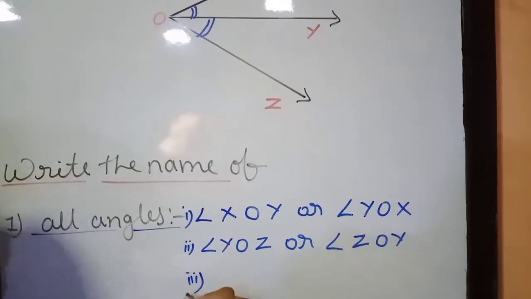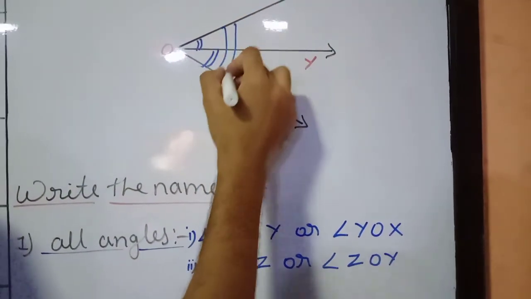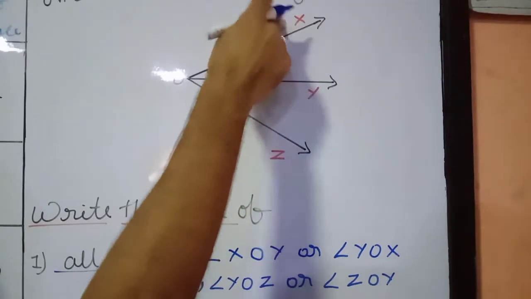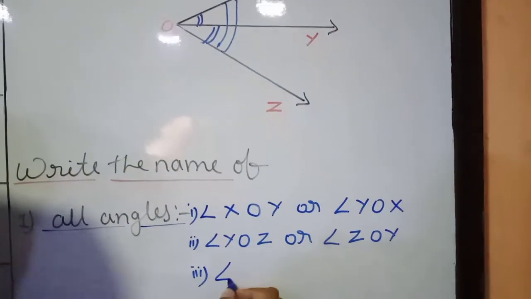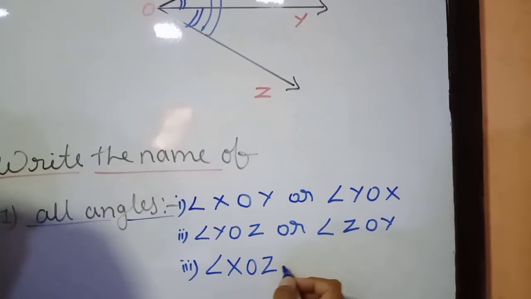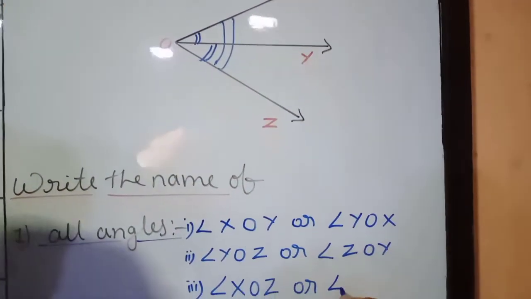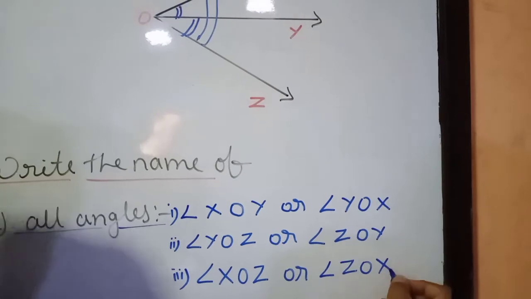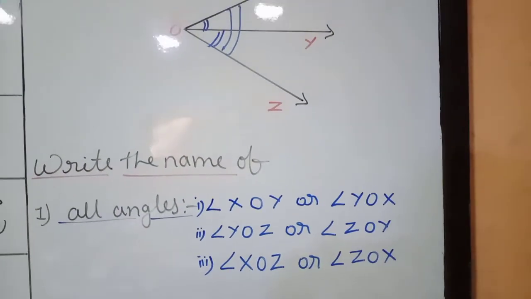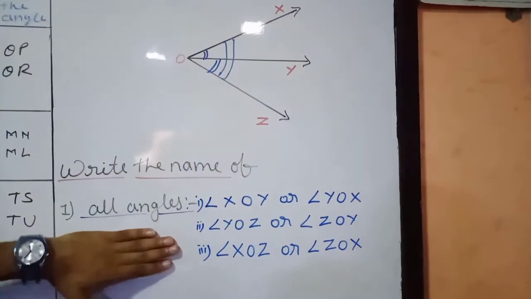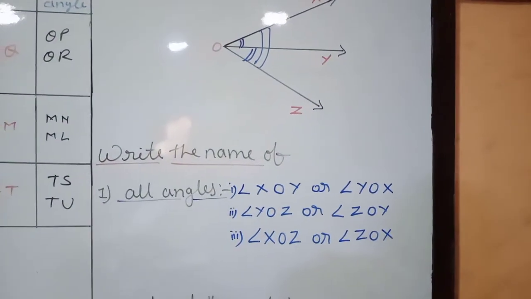One more angle we have, this bigger one, angle XOZ, or we can say angle ZOX. This way we can write all the angles in various ways in this adjacent figure.